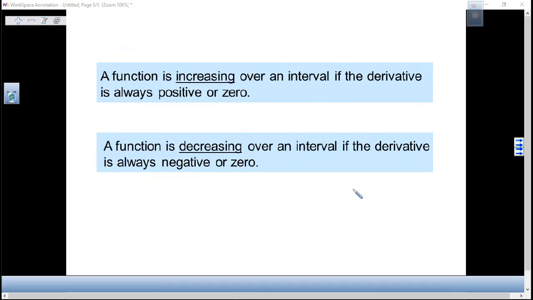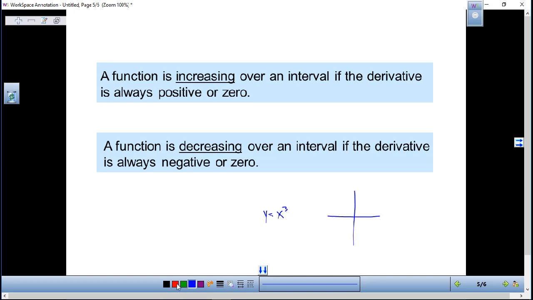Now, with the whole 0 thing, here's the case. Think about y equals x cubed. If we look at its graph, it's going to start down here and come up, and it actually gets flat and has this derivative of 0 there in the middle and continues on. But we say that this thing increases over its entire domain.